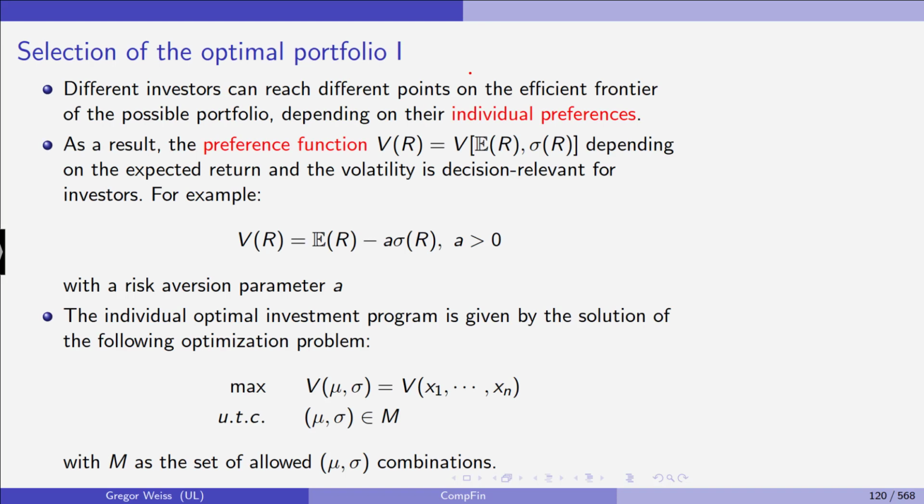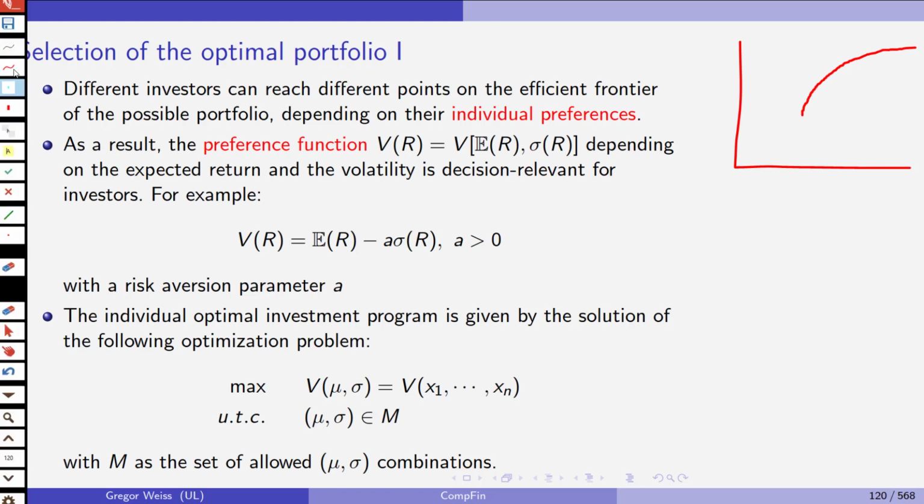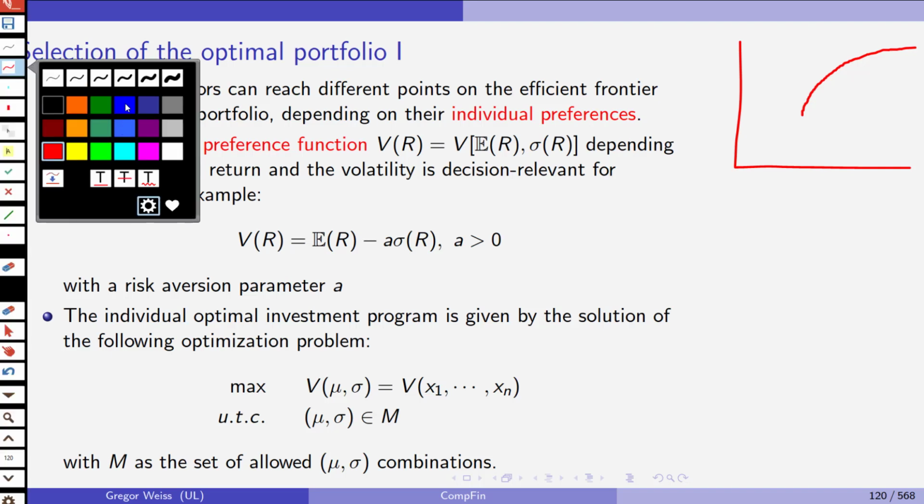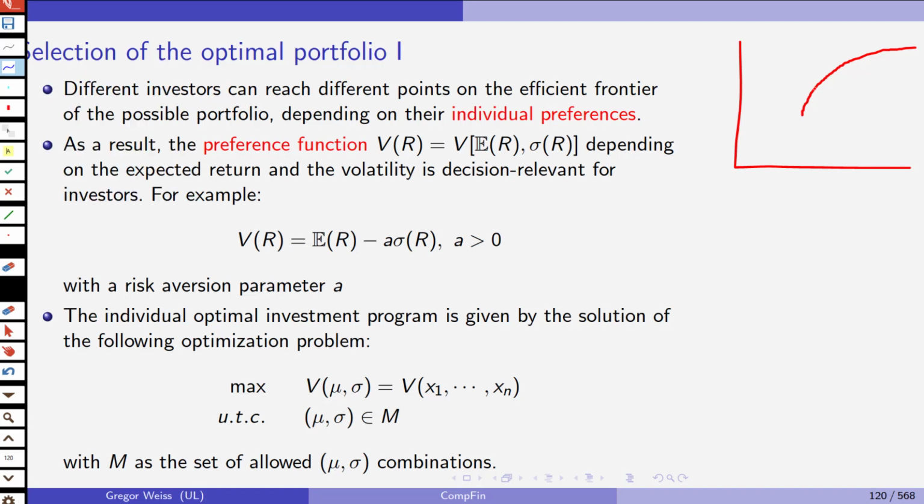Okay, now we've seen different investors can reach different points on the efficient frontier. Remember what the efficient frontier was. If we have n securities, the efficient frontier looked something like this. And one could ask oneself, is there a difference between a point, let me just use a different color here, maybe a point here or a point here.